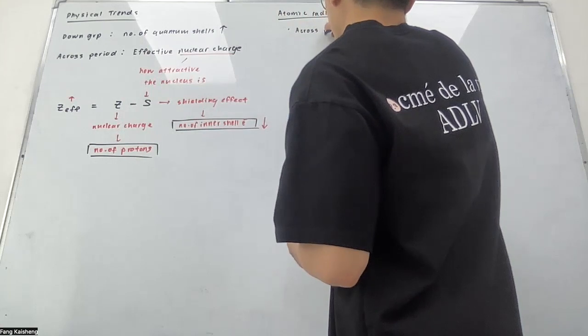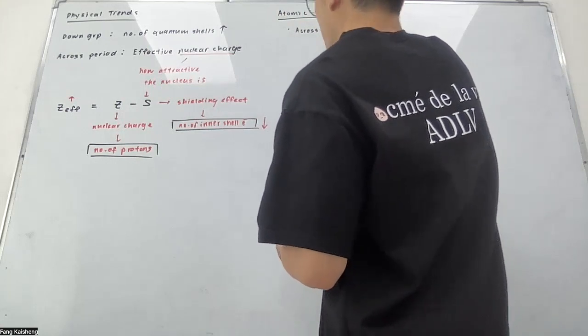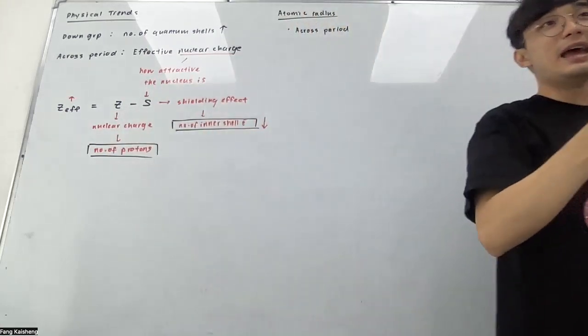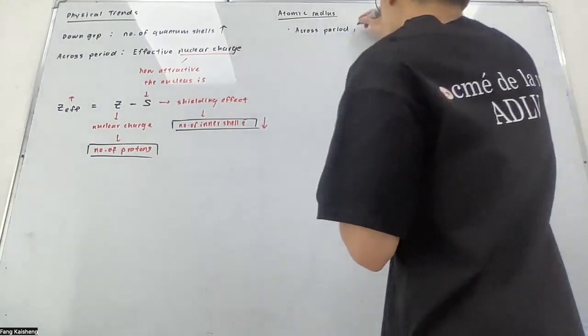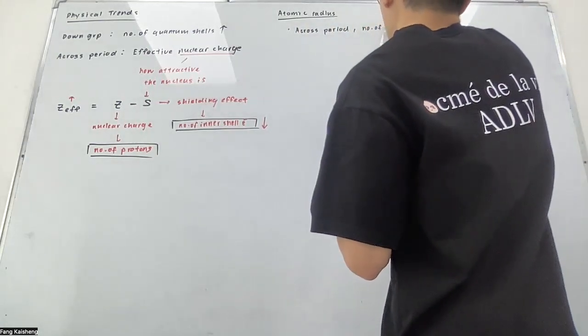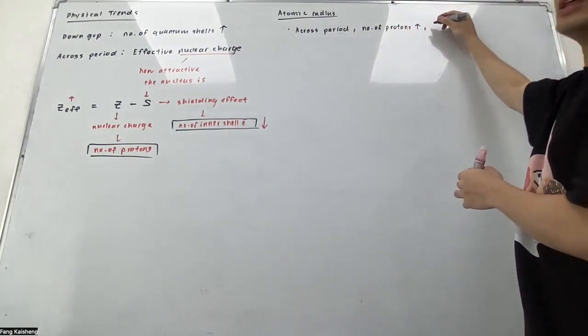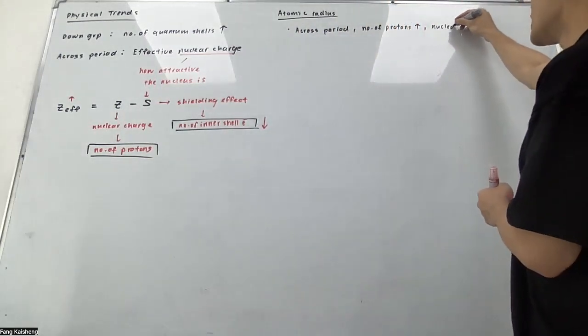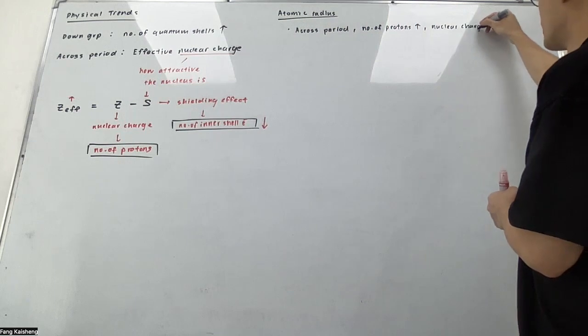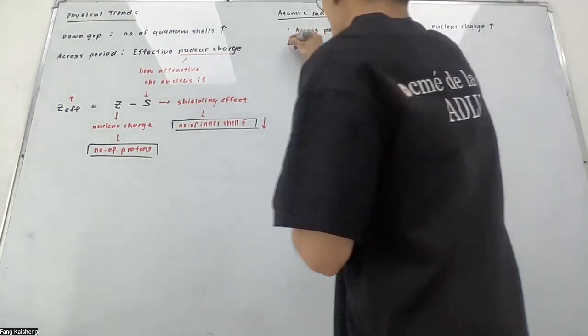Okay, when you go across the period, what happens to the number of protons? It increases, right? Okay, so you must be very systematic by telling me the number of protons increase. So the nuclear charge also increases. Then what's next?